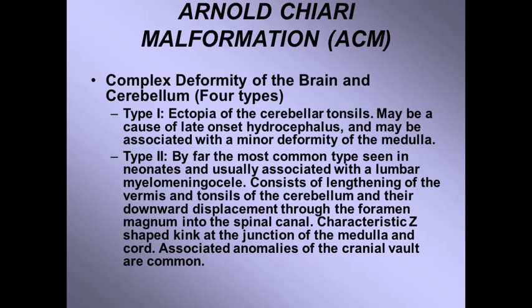Type 2 is by far the most common type seen in neonates and is usually associated with lumbar myelomeningocele. It consists of lengthening of the vermis and tonsils of the cerebellum and their downward displacement through the foramen magnum into the spinal canal. Characteristic Z-shaped kink at the junction of medulla and cord, associated with other anomalies of cranial bone.